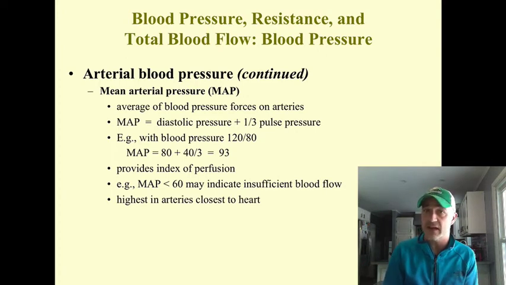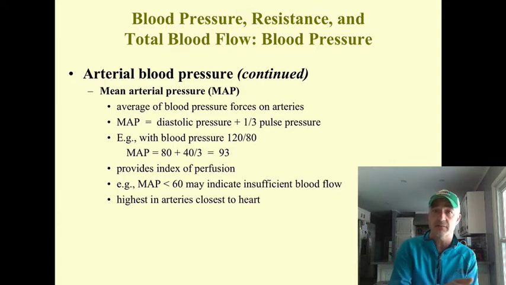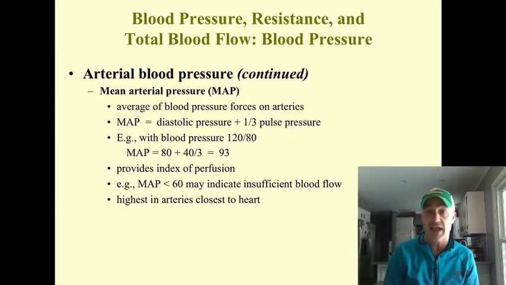It's your diastolic pressure, which would be about 80 in most cases, plus about 1/3 of that pulse pressure, because again, that pulse pressure is going to be a spike and drop back down. So we're just taking 1/3 of that to get this average.